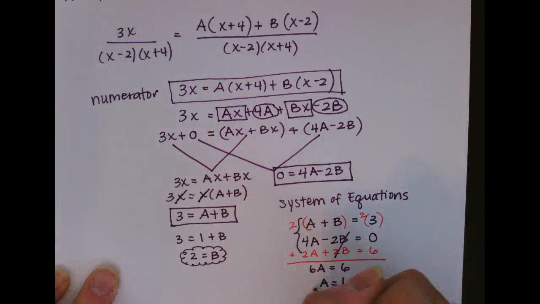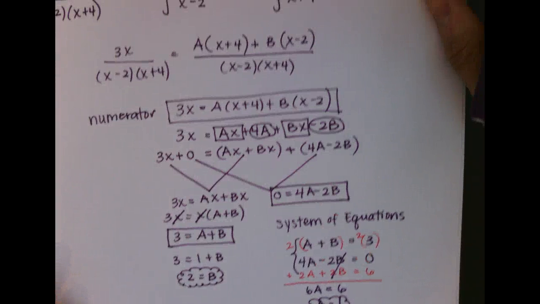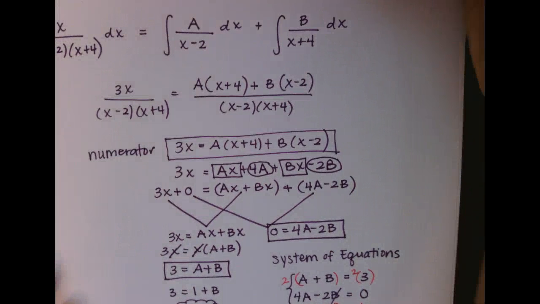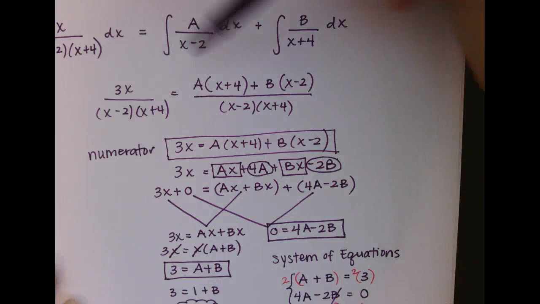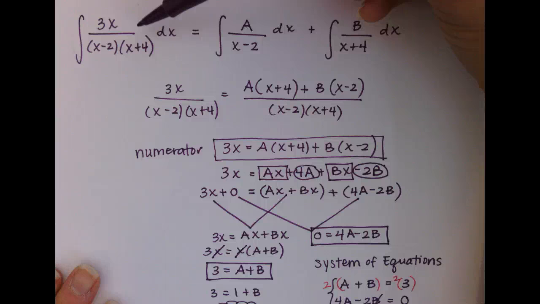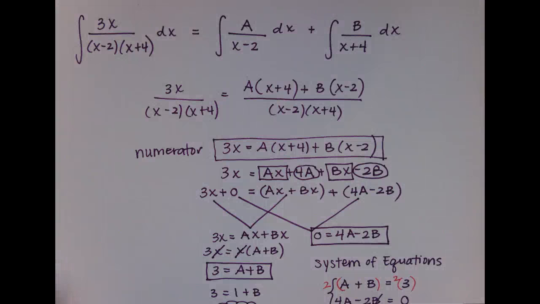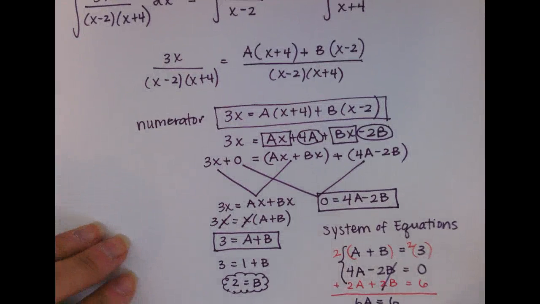So I now know what each of these partial fraction values should be in order to have an appropriate decomposition that does in fact represent this original fraction. So let me write that out.